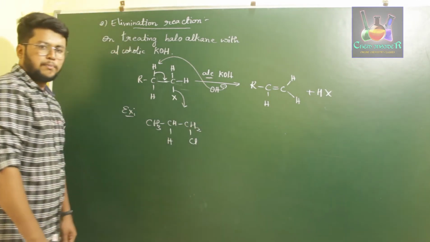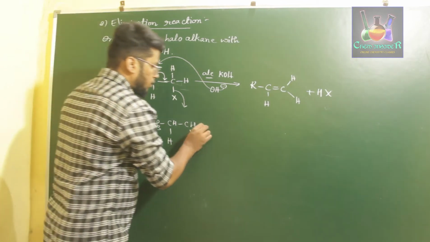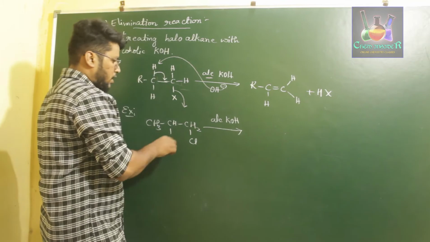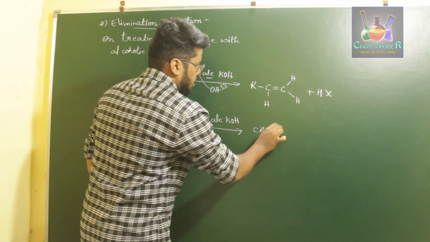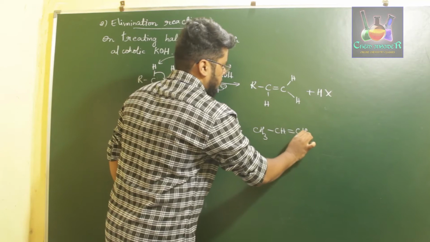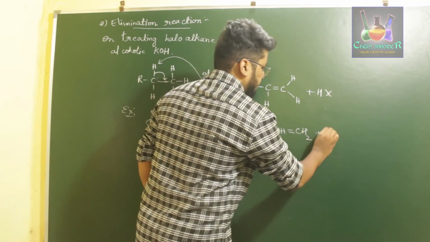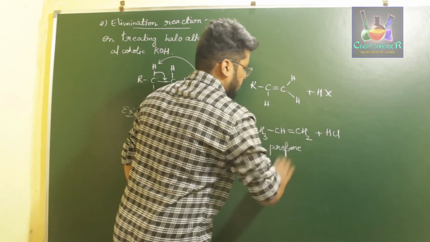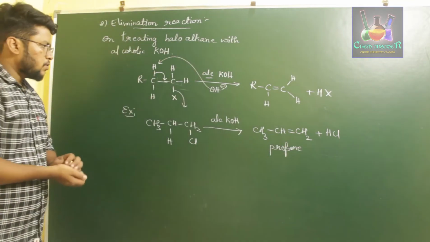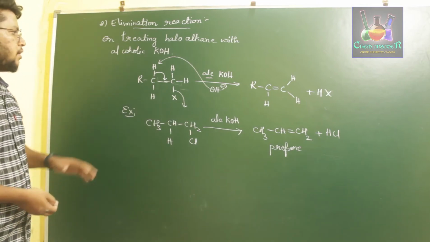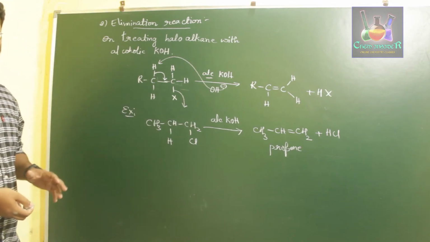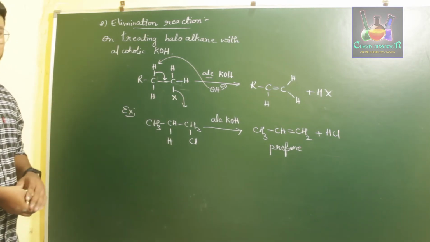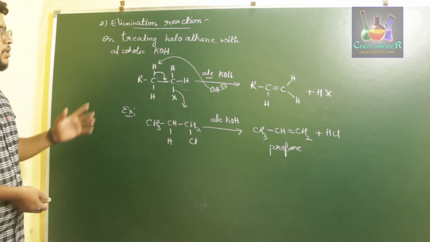This is propyl chloride treated with alcoholic KOH, and we get CH3CH=CH2 plus HCl. The compound prepared here is propene. So if you have to define it, when an alpha hydrogenated haloalkane is treated with alcoholic KOH, we prepare an alkene. So this undergoes an elimination reaction.